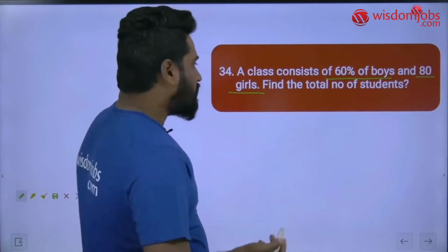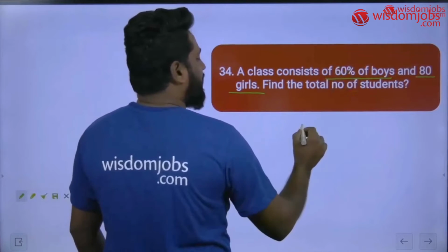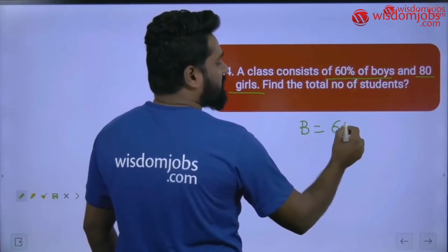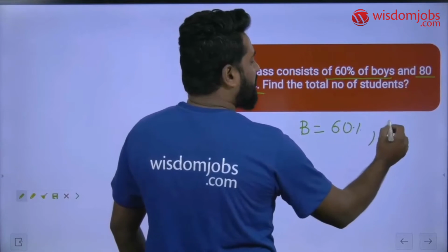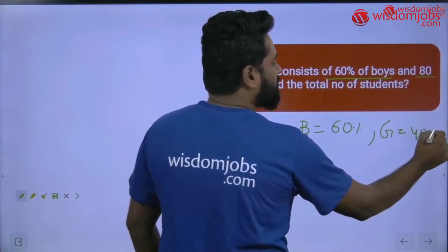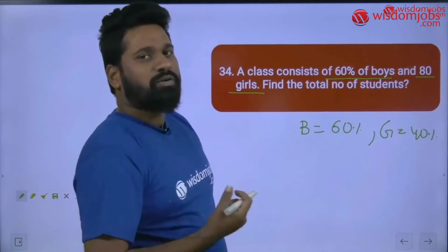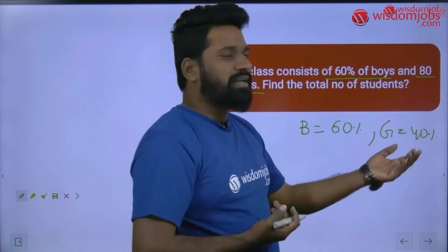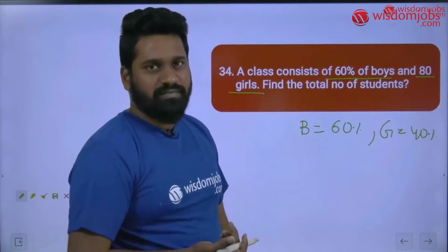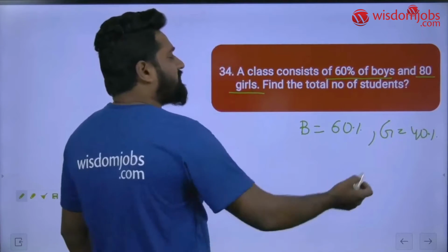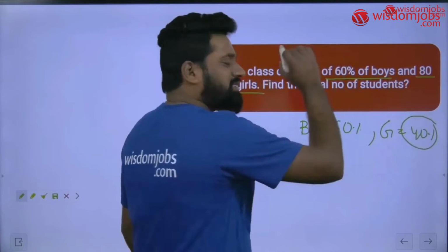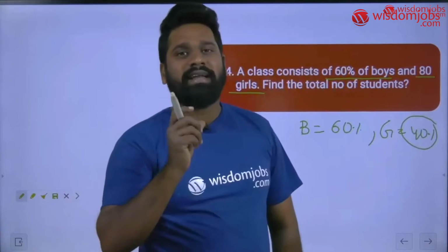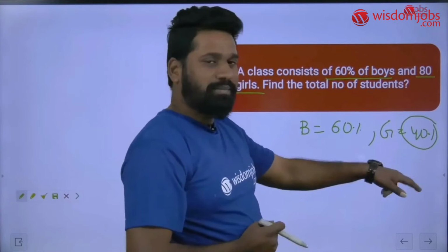Clear now? So if you observe, boys percentage is given as 60%, then automatically girls percentage becomes 40%. Because out of total 100%, 60% are boys means 40% becomes girls. Right? So girls number in terms of percentage is 40%.